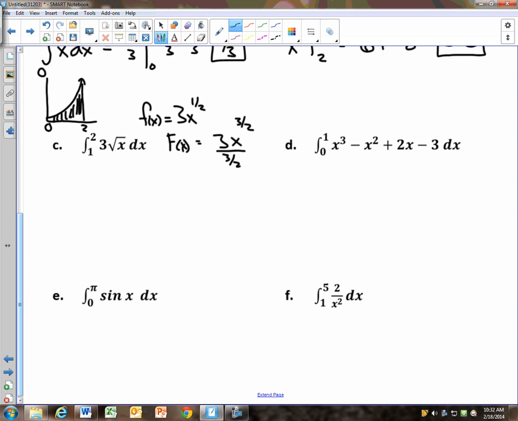What is 3x to the 3/2 over 3/2? 2x to the 3/2, right? Multiply by the reciprocal: 2 over 3 times 3x to the 3/2. You can see the 3's will cancel, and we end up with 2x to the 3/2.